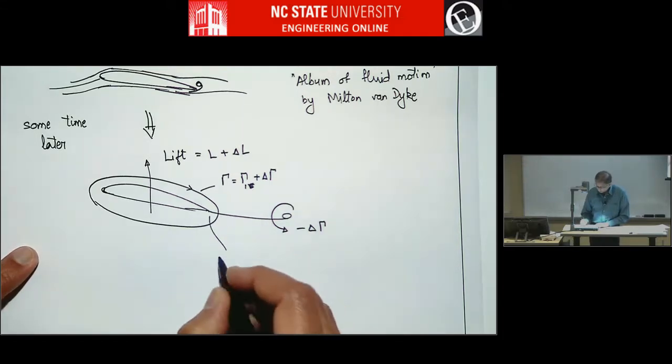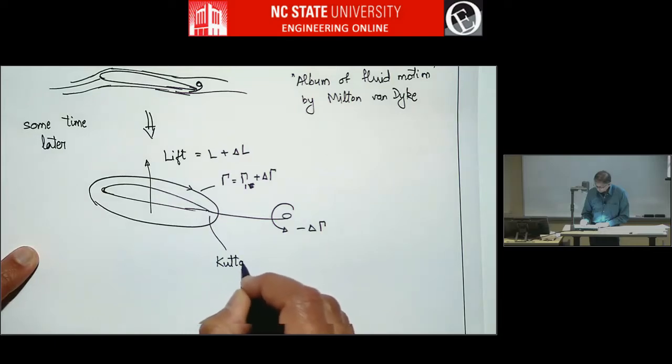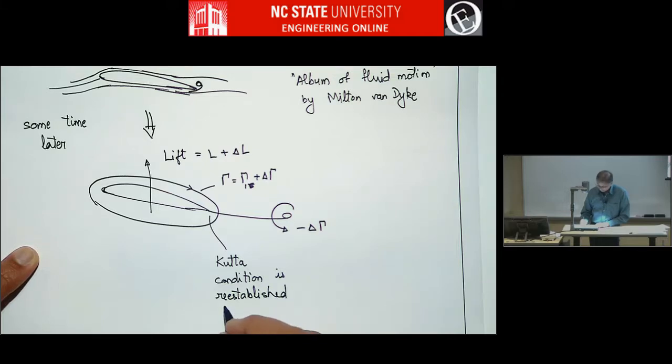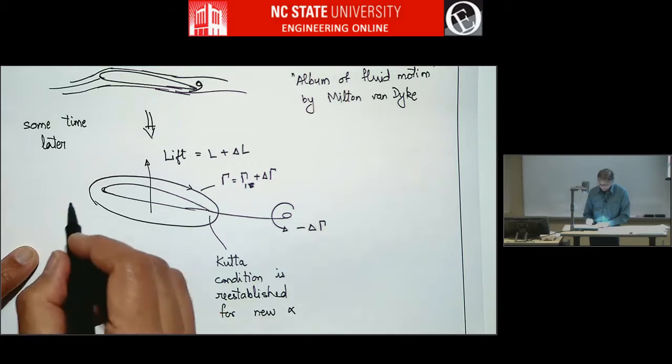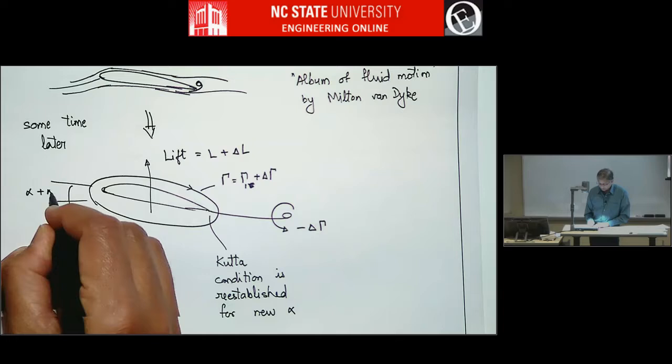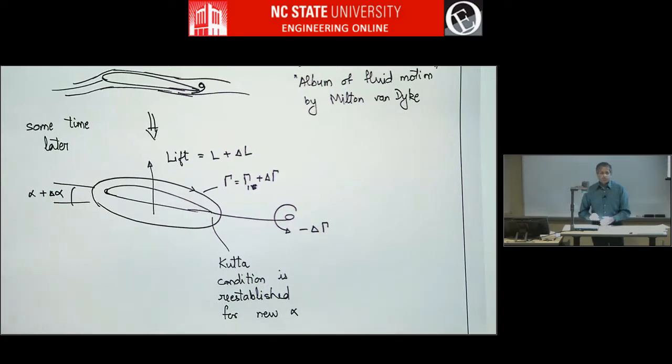So now the Kutta condition is satisfied here. It is re-established for the new angle of attack. And this angle now is at alpha plus delta alpha. So you get the higher lift.